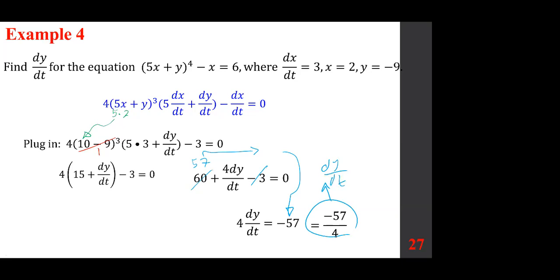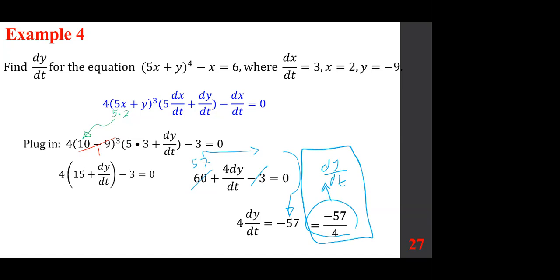So it's dy/dt, which is minus 57 over 4. dy/dt is minus 57 over 4 as the final answer for this question. Okay, pretty good.